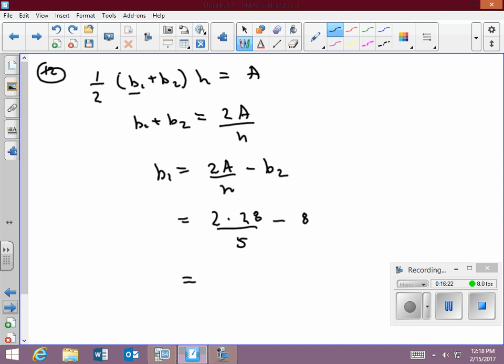When you get done with it, it's going to be 3.2 centimeters. I generally like to go out for the literal equation if you can, and then substitute in. Sometimes it's easier, sometimes it's not.